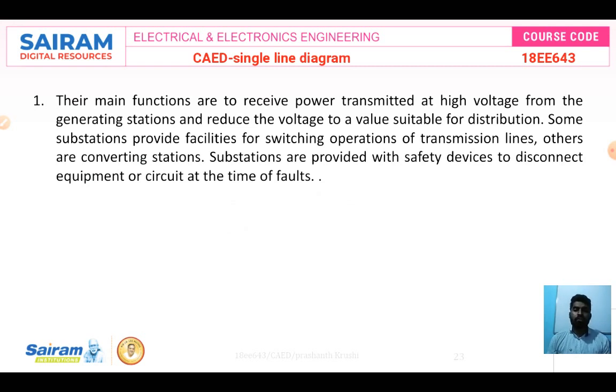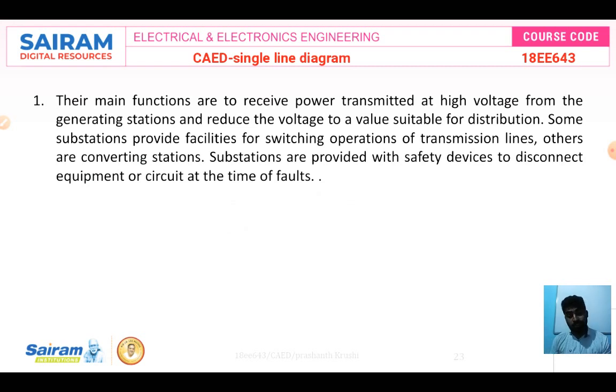If a tree falls onto the transmission lines, suddenly what happens? There is a short circuit, or an open circuit. Open circuit we can expect only 5%, but it's mostly short circuit.